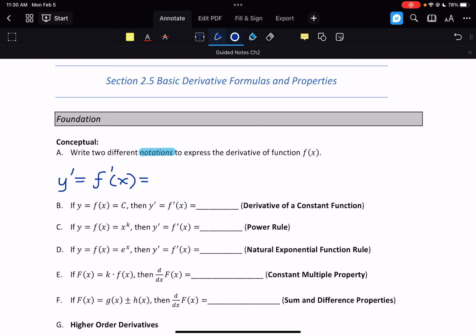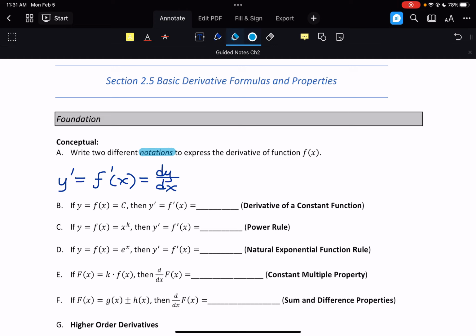The alternative notation that we'll use also pretty frequently is what we call the Leibniz notation. This notation is written dy dx like this. So this is read as the derivative of y with respect to x. Just like this one is the derivative of f with respect to x in the function here. So these both mean the same thing. They're used interchangeably.